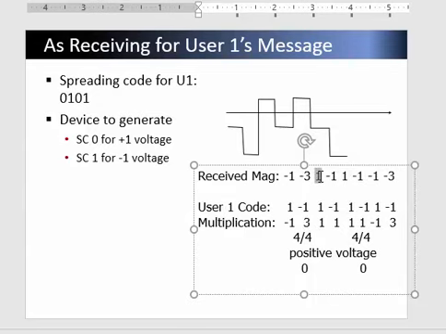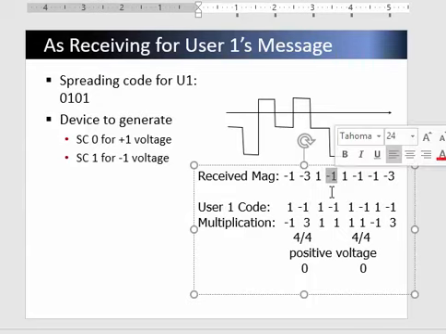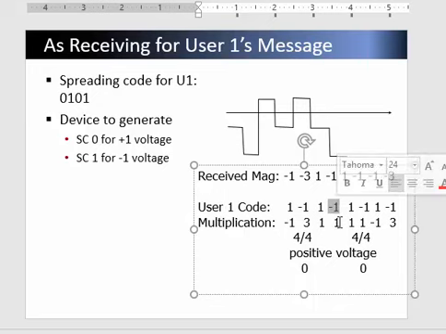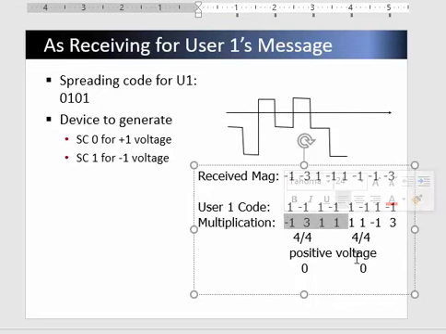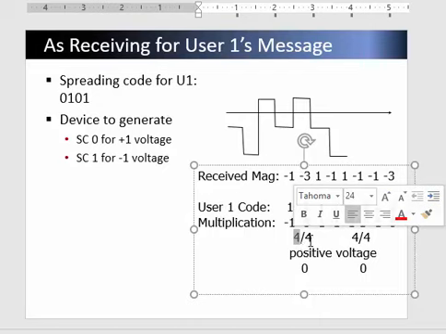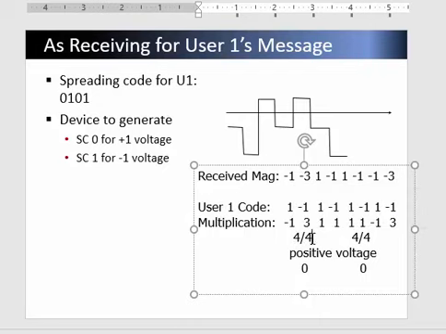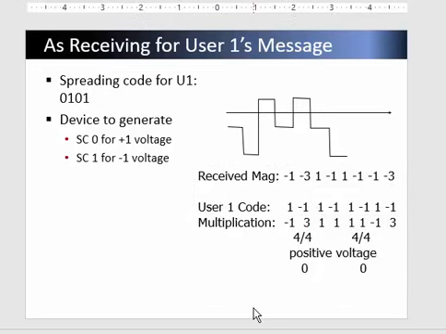And then third bits, 1 times 1 equal 1. And fourth bits, -1 times -1 is 1. So we add these 4 data, then there will be 4. What is the average? Average is 4 over 4. So the number is 0. Okay.